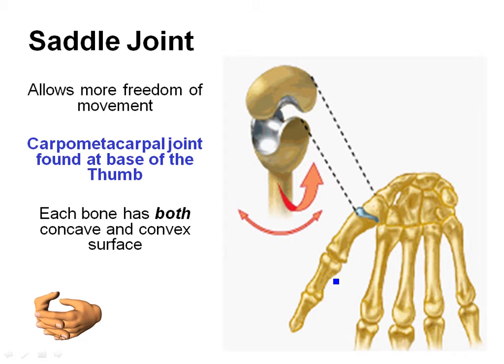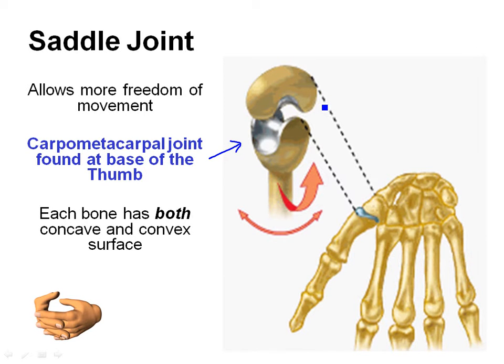Now the next kind of synovial joint is a saddle joint, which allows even more movement than the condyloid. If you look at this diagram picture, it looks like a saddle. You've got basically a convex concave surface on each bone, so that they can come together and go forward, backwards, side to side, and make all angular movements, even more so than the condyloid.